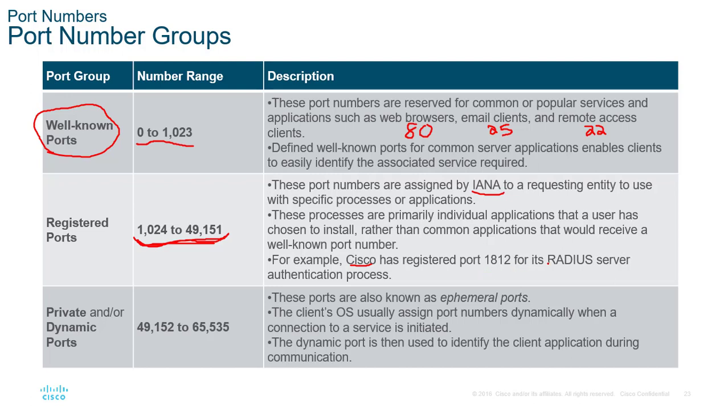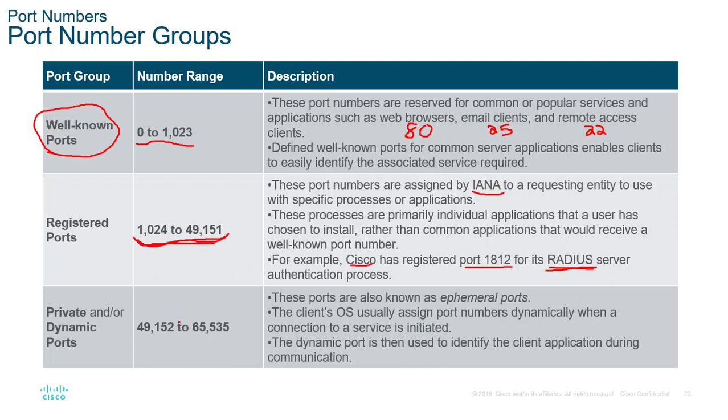So, for instance, for central authentication through RADIUS services, Cisco has registered port 1812 for that purpose. And again, these may be used as destination ports when a client talks to a server.